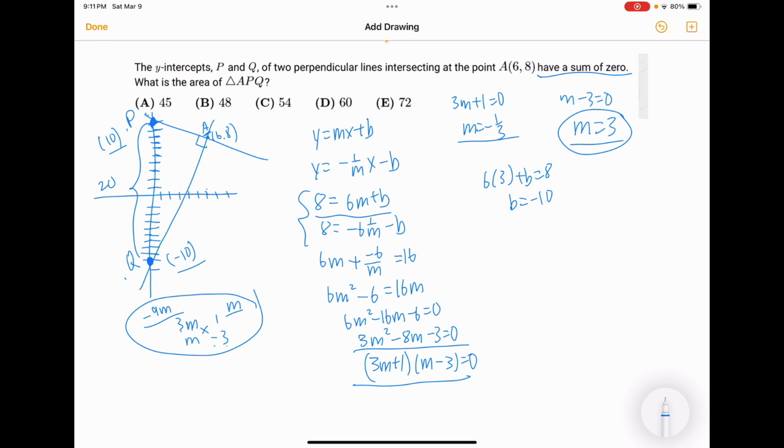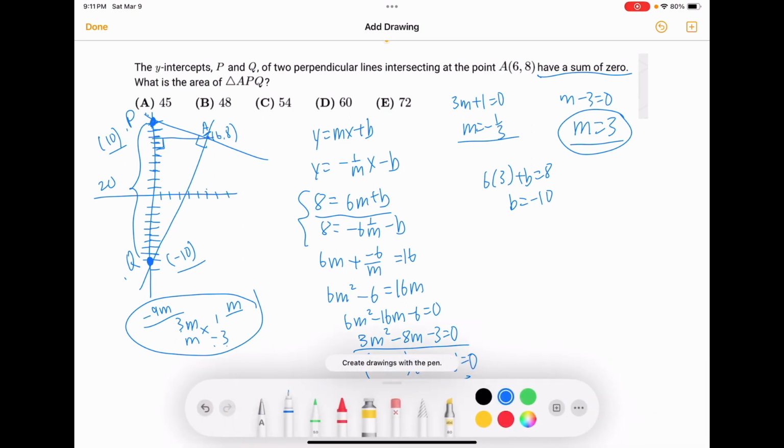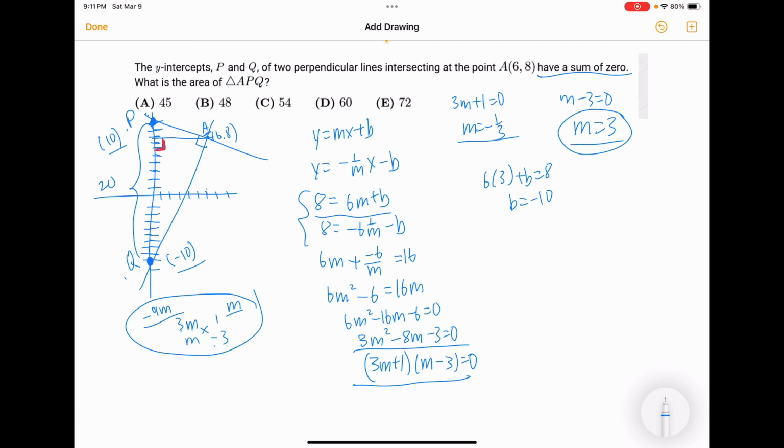So we already know the hypotenuse of triangle APQ, and now all we need to do is find the altitude to the hypotenuse. And that is very easy, because if you just draw a perpendicular line right here, it would form a right angle right here.